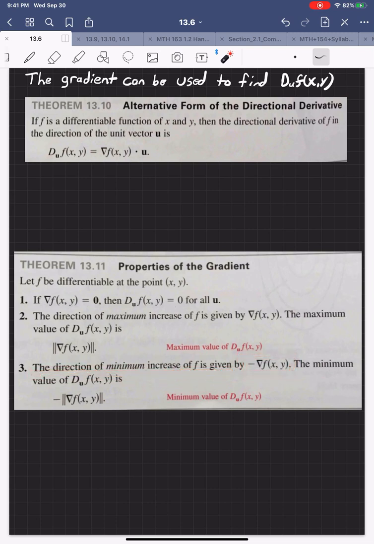But what you want to take away is that the maximum slope is just going to be the magnitude of the gradient, and the minimum slope is going to be the negative magnitude of this gradient.